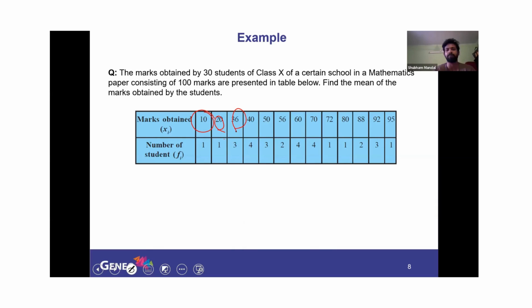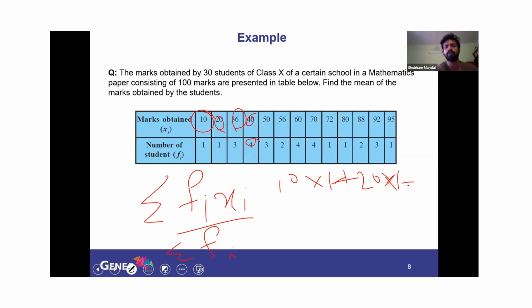This is how you read the table. You can just do sigma fi xi by sigma fi: 10 into 1 plus 20 into 1 plus so on till 95 into 1, divided by the number of students, 1 plus 1 plus 3 plus 1.